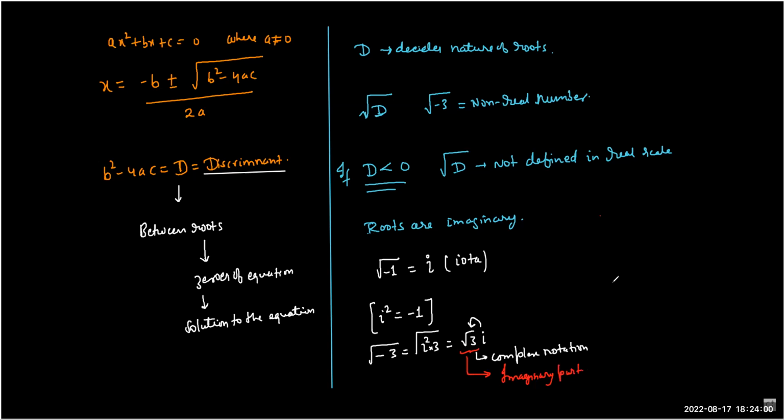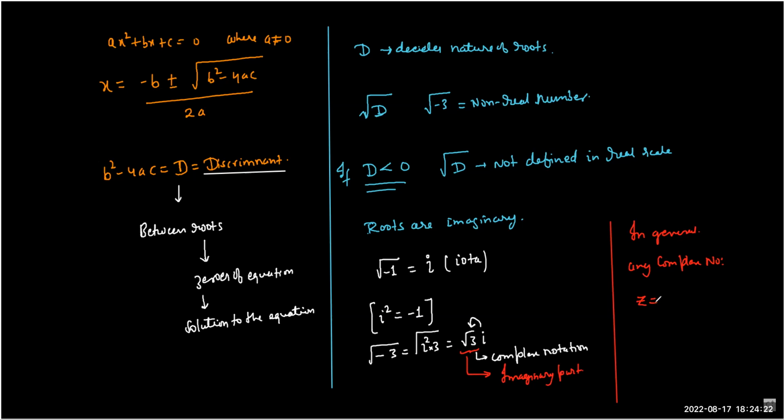In general, any complex number, let's call it Z, which is a very general notation for it.